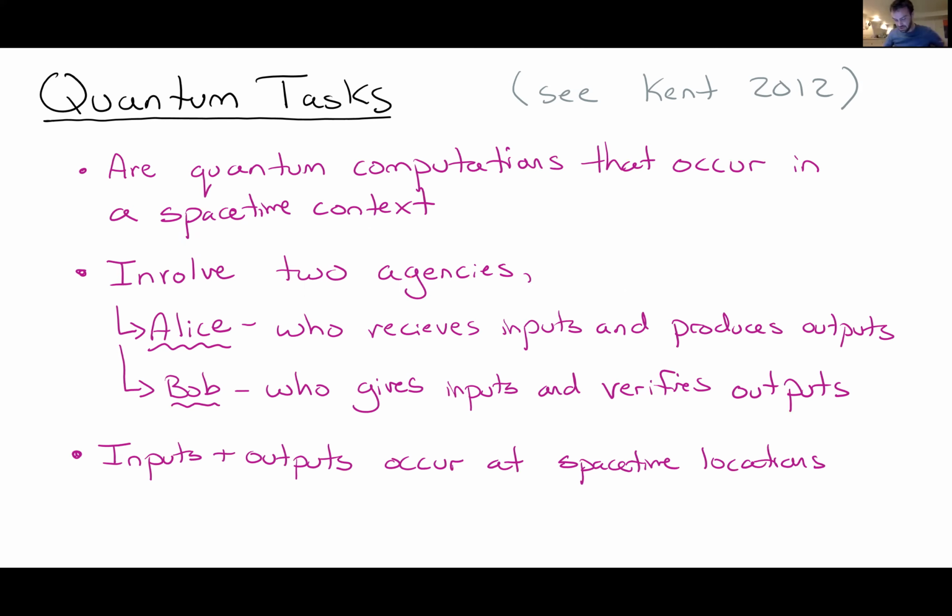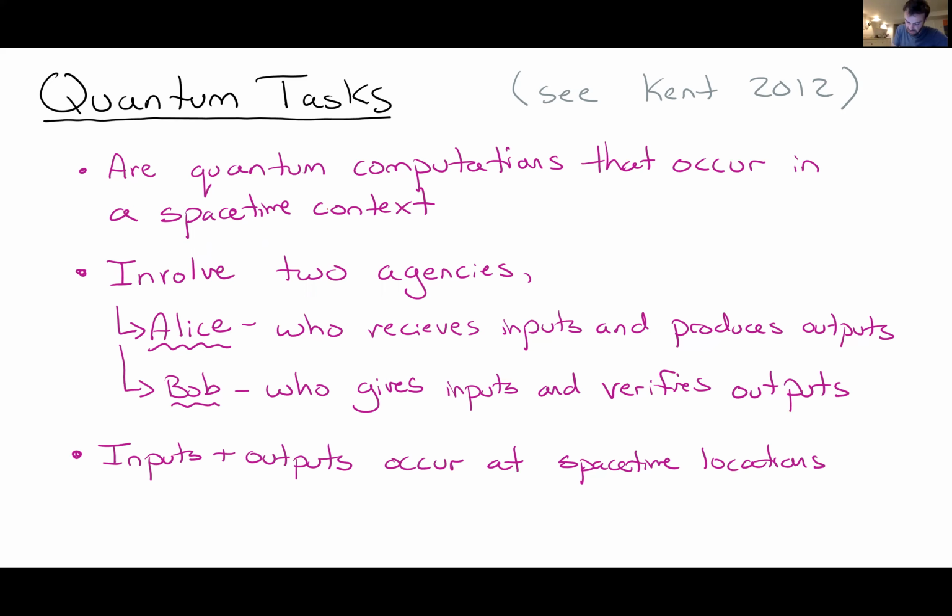Anyway, there's a particular way of thinking in quantum information theory that's going to get us to this theorem. What we're going to use is this idea of what's called a quantum task. A quantum task is just a quantum computation, but one that occurs in the context of spacetime. As is often the case in quantum information theory, it's convenient to introduce two players, Alice and Bob.